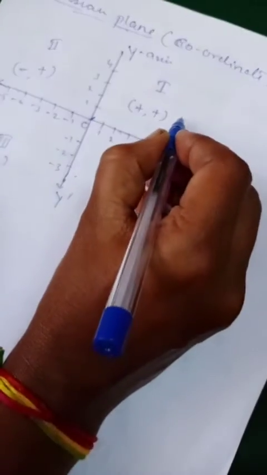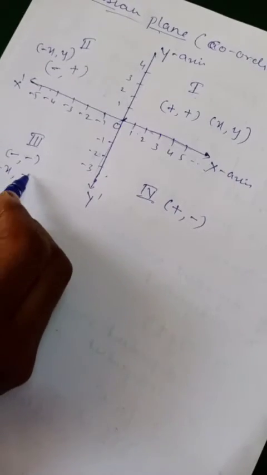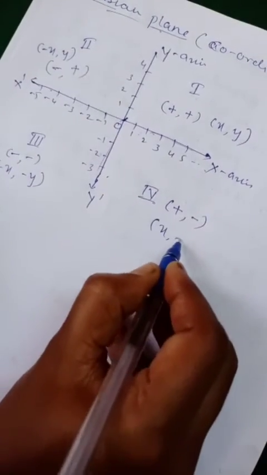So we can write it as x, y. This is minus x, y. This is minus x, minus y. This is x and minus y.